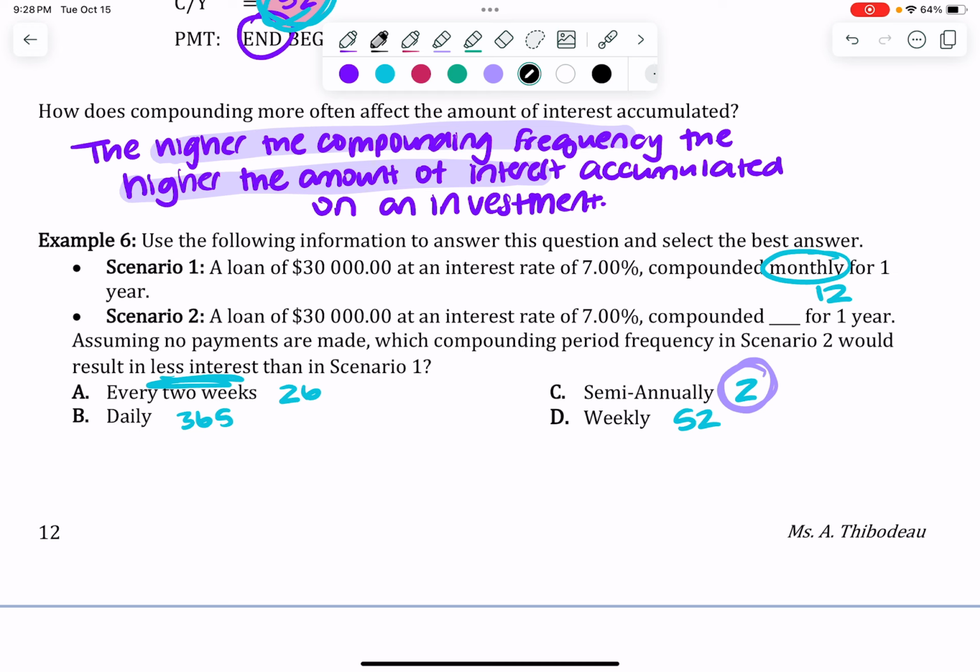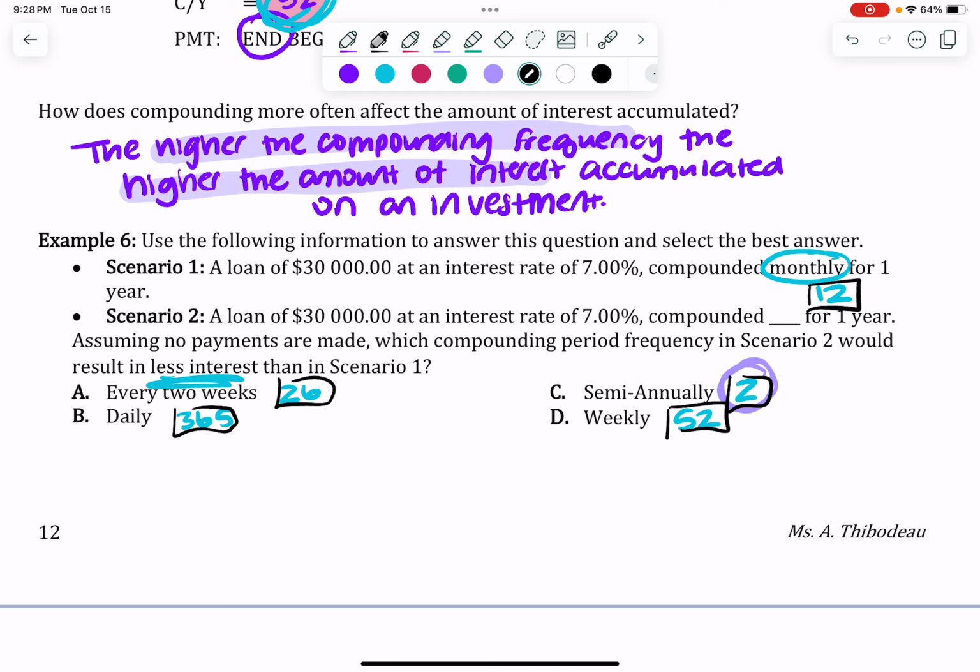Now, when I take a look at all these numbers, especially now that I've written them out, I can see I'm comparing all these numbers to 12. 3 of these numbers are bigger than 12, and 1 of these numbers is smaller than 12, right? And when we take a look at it numerically, it kind of makes sense that if I'm looking for not a very specific amount of interest, it's just less, then I should choose the one answer that is unique from the rest, right?